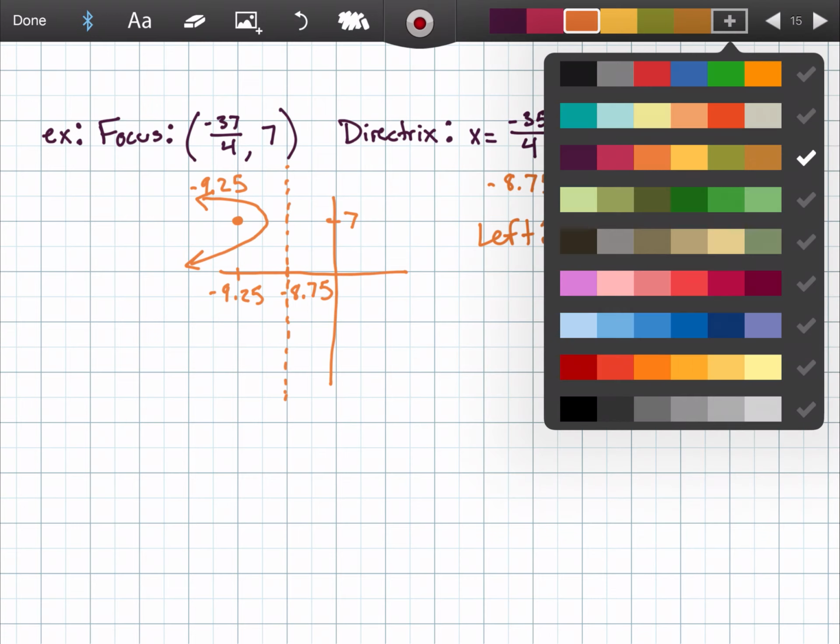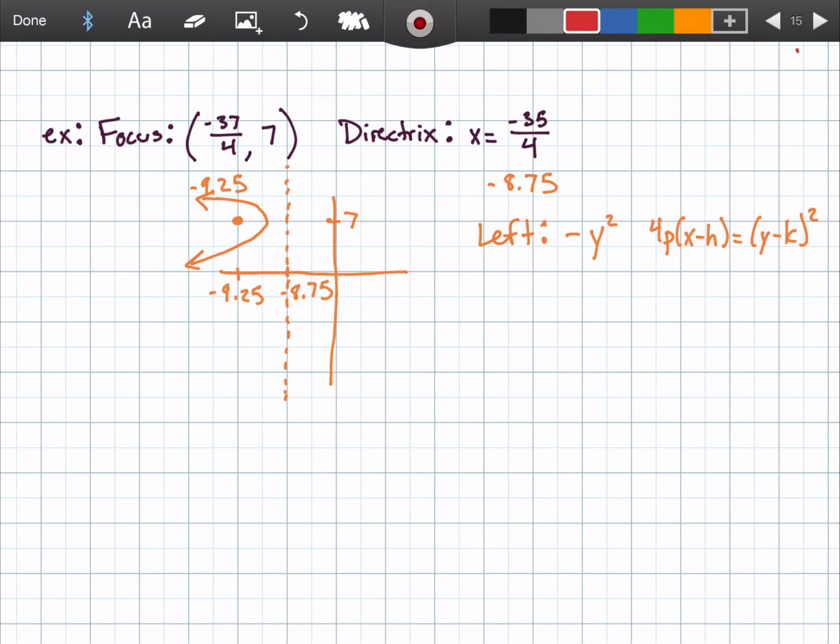Okay. Something else we should know. The vertex is halfway between the focus and the directrix.